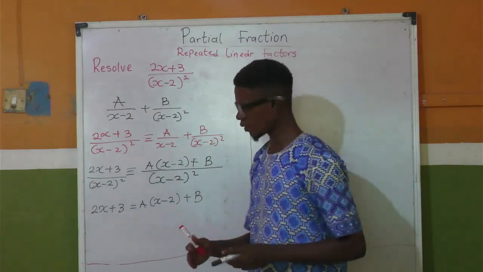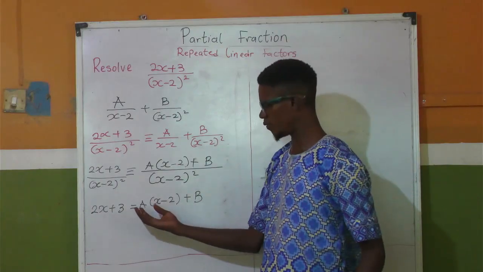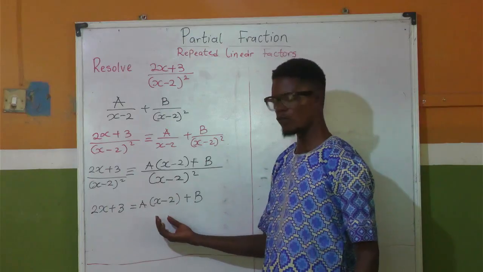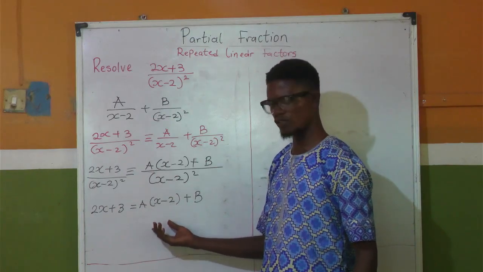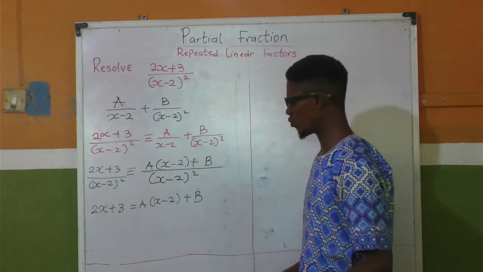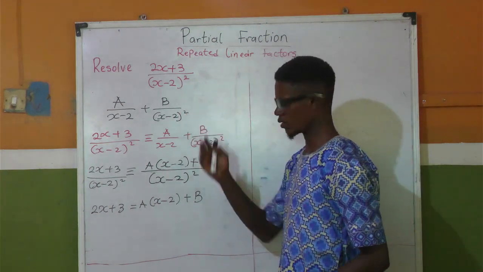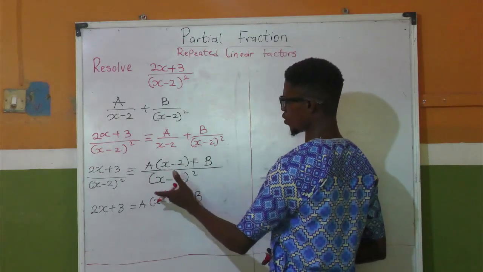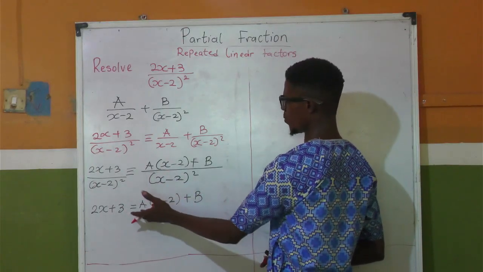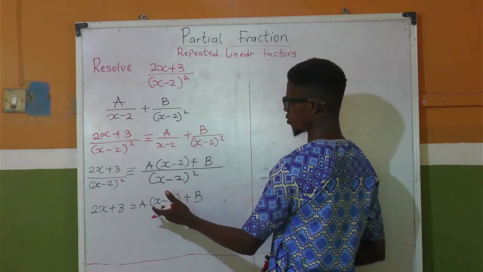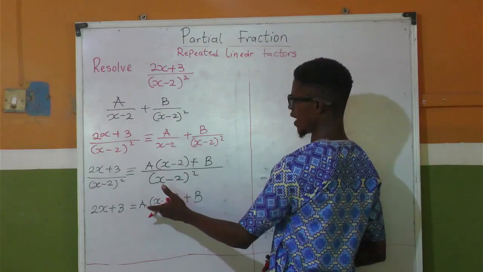Now, there are two ways that we can obtain the values of a and b in this expression. I'm going to show you one of the ways, or if there's time, I'll show you both. The first way is what we have been looking at from the start: we try to eliminate one of the unknowns. If I'm going to eliminate a, I simply need to let x be equal to 2.